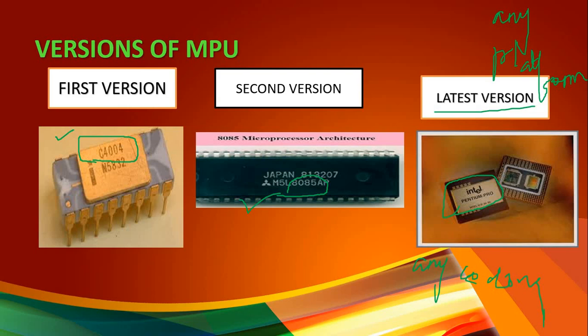The 8085 can work only on an 8085 platform. The 4004 will work only on a 4004 platform. So the latest version is the Pentium Pro, which has this advantage: it works on any platform and any coding.